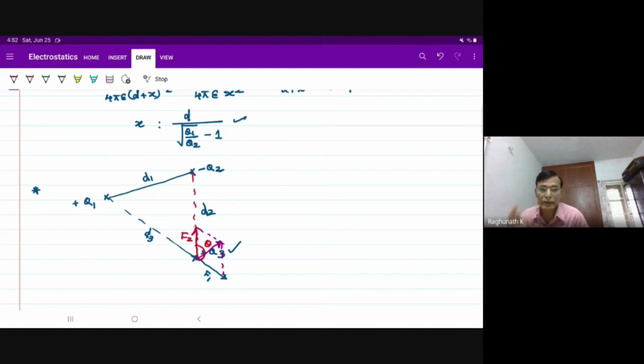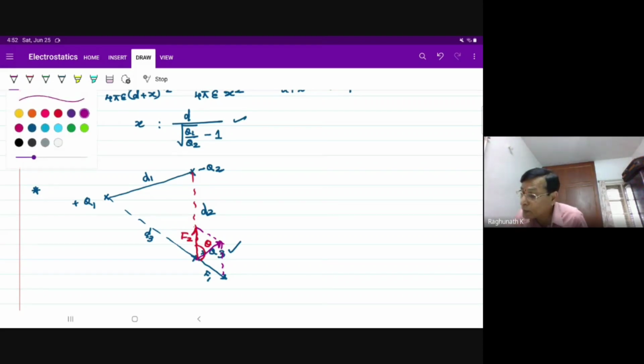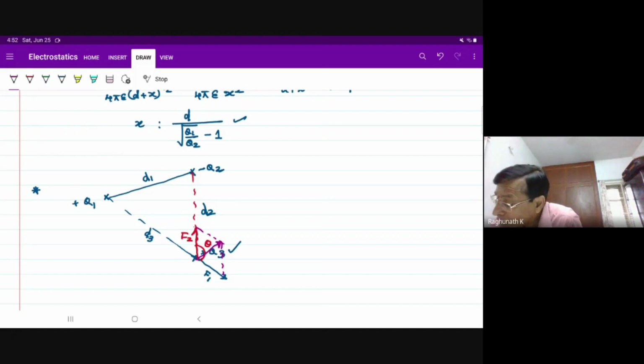The same is to be done to determine the force on Q2. When you talk about the force on Q2, because of F1 it is attractive, and because of F3 it is attractive, because of which the force is this. This is the force on Q2.